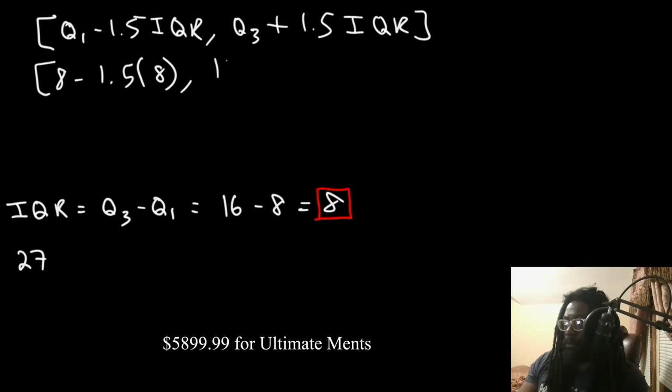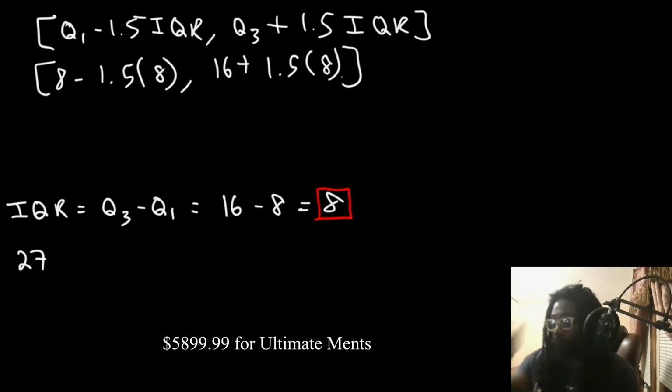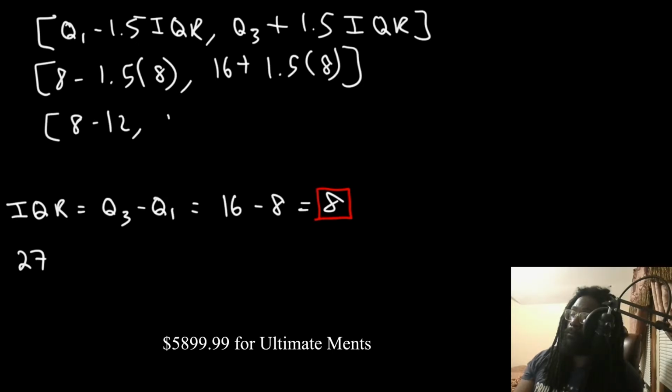So this is going to be 16 plus 1.5 times 8. What is 1.5 times 8? 1 times 8 is 8, 0.5 times 8 is 4, 8 plus 4 is 12. So this is going to be 8 minus 12, and this is 16 plus 12. Now 8 minus 12 is negative 4, and 16 plus 12 is 28.